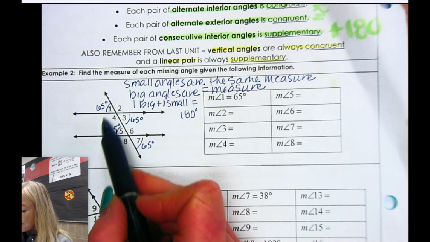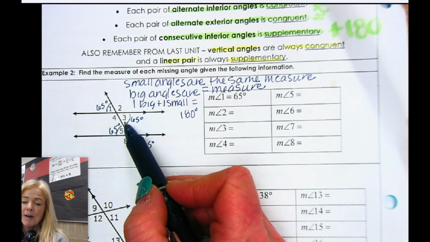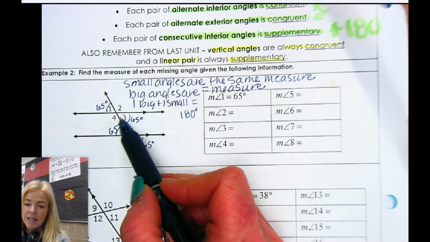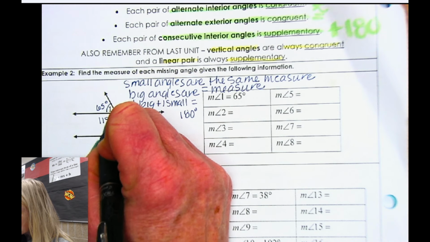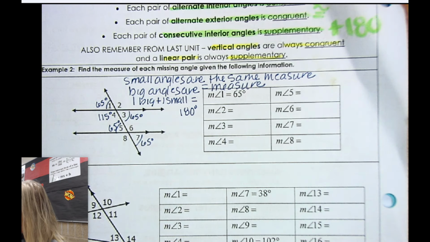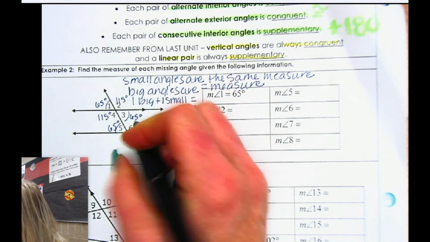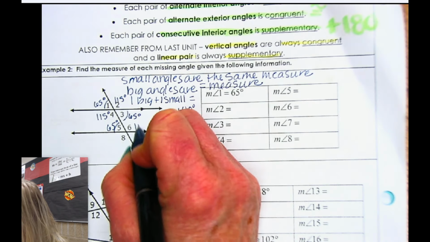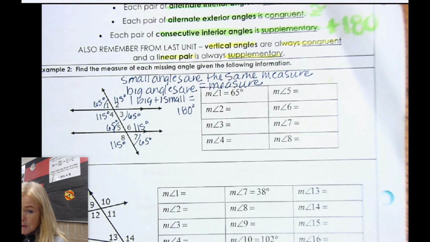And of course, they're all small angles, by the way, and one small plus one big is 180. Linear pair makes 180. So that's going to be 115 degrees with angle 4. And I can fill in all of the big angles, since they'll all be the same as well. So 2 will be 115, 6, because it's a corresponding angle to 2, and then 8 also will be 115.